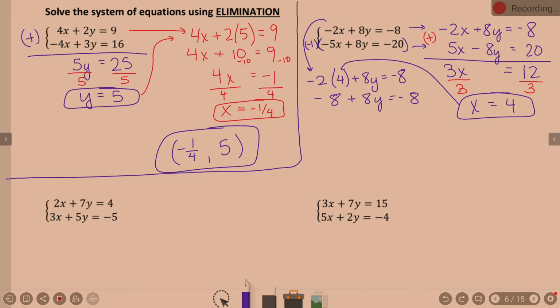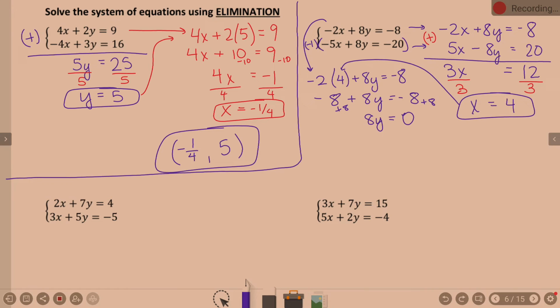How do I get the y term by itself? This is negative 8. We're going to add 8. Negative 8 plus 8 is 0. Leaves me with 8y. Negative 8 plus 8? 0.